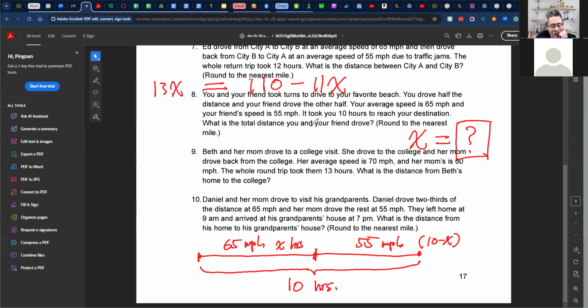Well, x is not 10, because how do we move this one over?